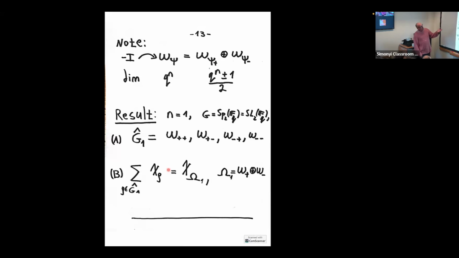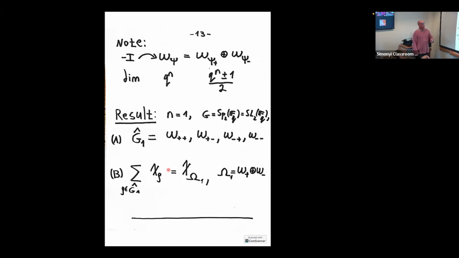It acts on omega psi. For example, in the model that we realized as functions on Fq to the n, you just send the function f of x to f of minus x, and then the decomposition, if you think in this way, is just the decomposition into odd and even functions.